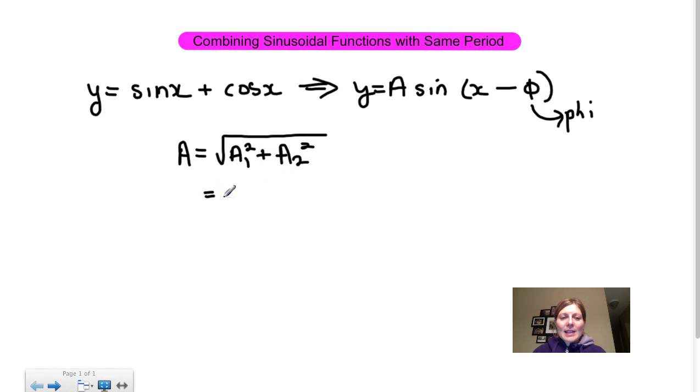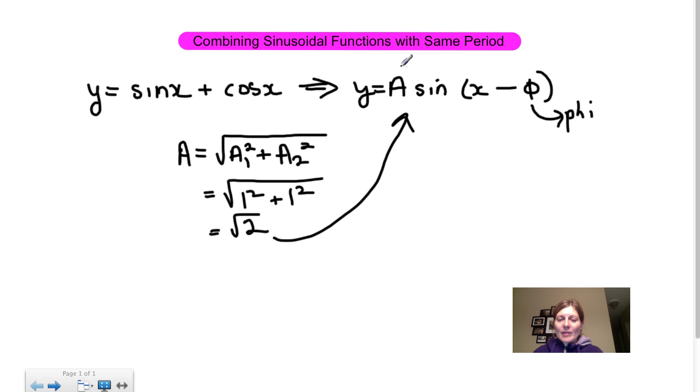So in this case, it happens to be the square root of 1 squared, because my first function had an amplitude of 1, plus 1 squared, which is just going to be root 2. So I'm going to take that root 2 and plug it into that a value there. So y is going to equal root 2 times the sine of x minus phi.